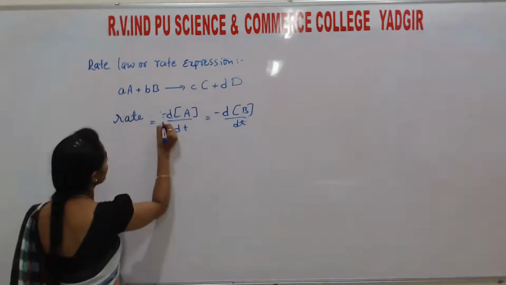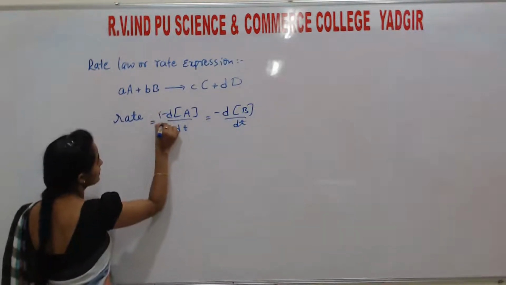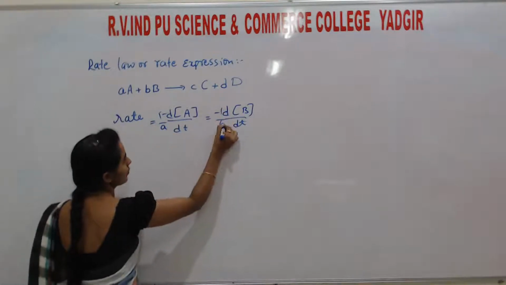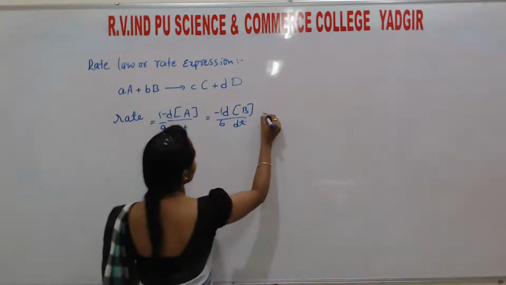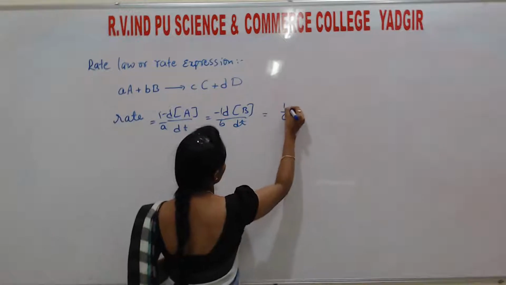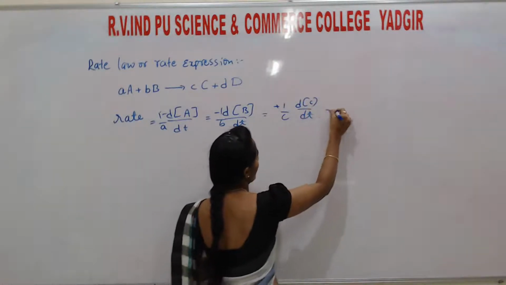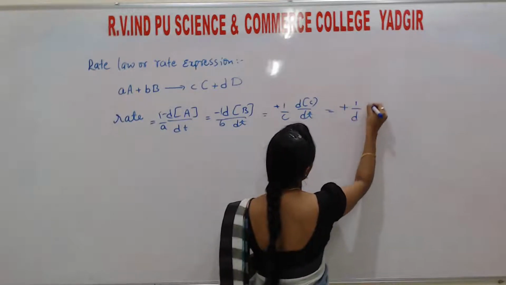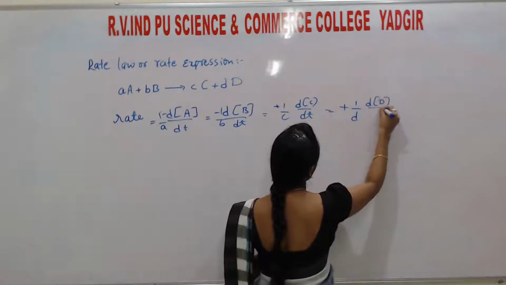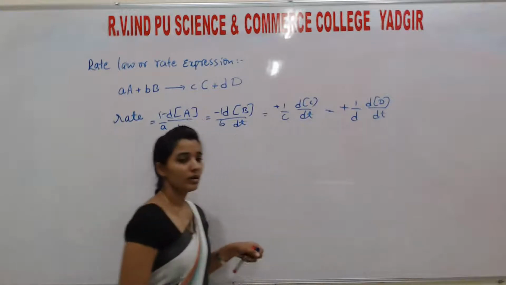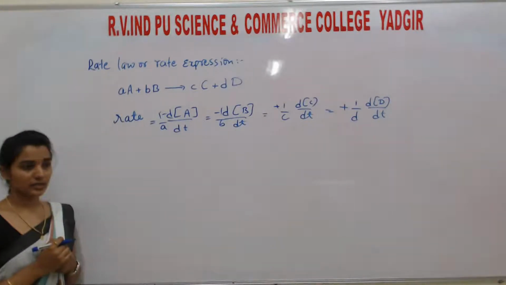Taking the coefficients into account, this is 1 by a and this is 1 by b. Correct? And 1 by c times d[C] by dt plus 1 by d times d[D] by dt. This is how to write the rate of a reaction.